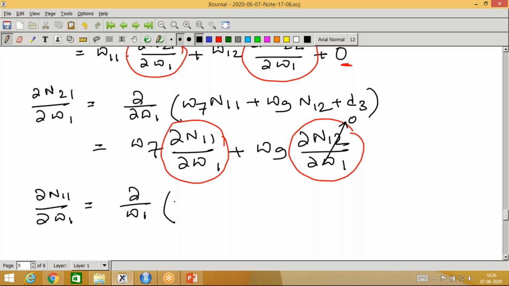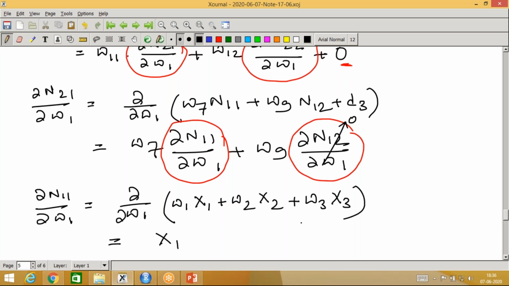But here it is W1 into X1, W2 into X2, W3 into X3. So this becomes basically X1 plus D1. So this becomes X1. So I will put X1 here.